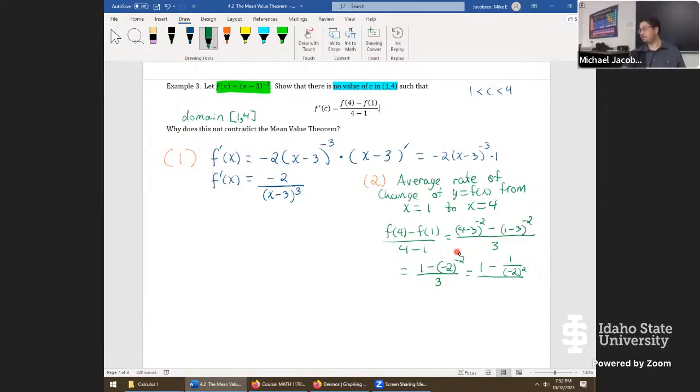I just threw it into the denominator. We can do a little bit more exponential surgery on that, that's now just 4 altogether. Even though it was negative 2 to a power, that power is even. That's going to turn into a positive quantity right there. It's 1 minus a 4th, divided by 3. So now it's a complex fraction.